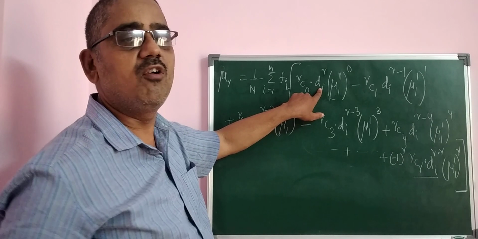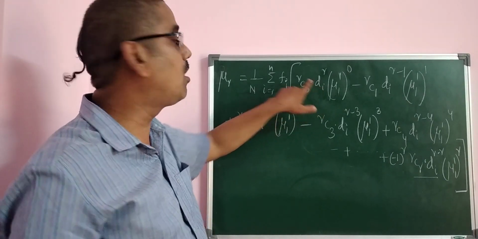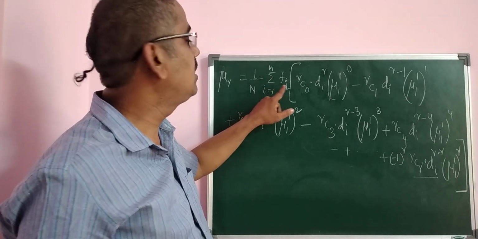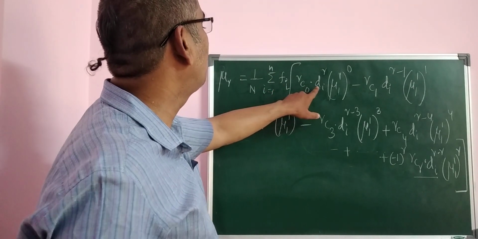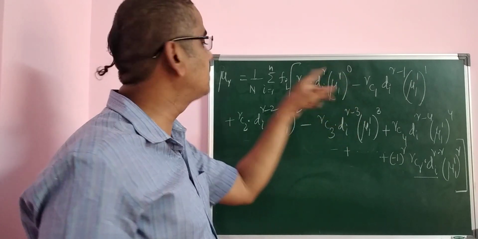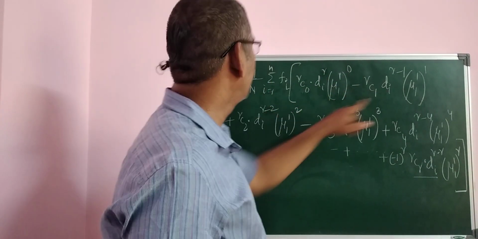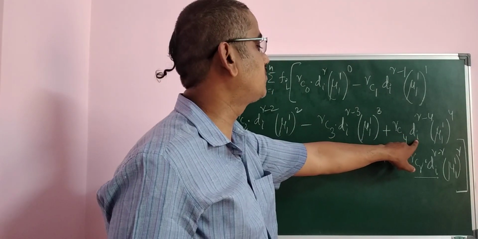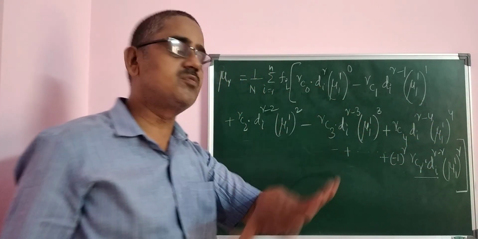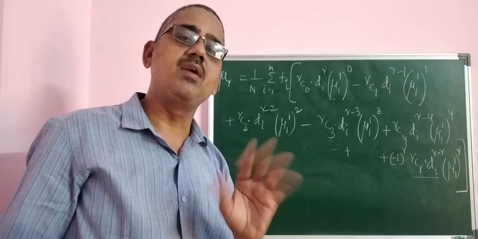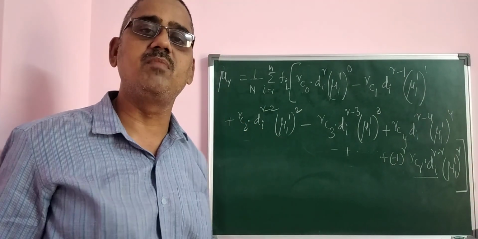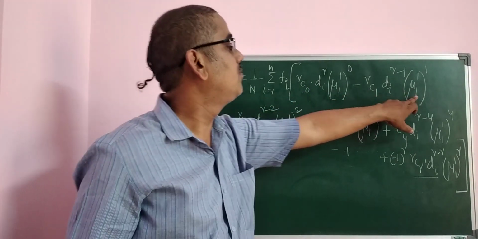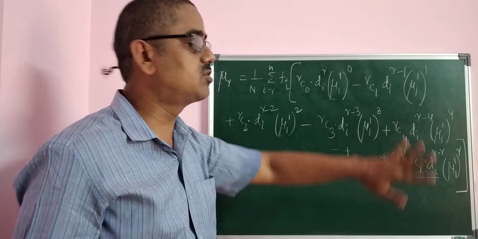This is the only variable which depends on the summation, i equal to 1 to n. The d_i terms depend on the summation: d_i^r, d_i^(r-1), d_i^(r-2), d_i^(r-3), d_i^(r-4), etc. These are all the terms of d_i which depend on the summation. The remaining terms do not depend on the summation, they are all constants: rC0 constant, μ1' constant, rC1, μ1'. These are all constants.